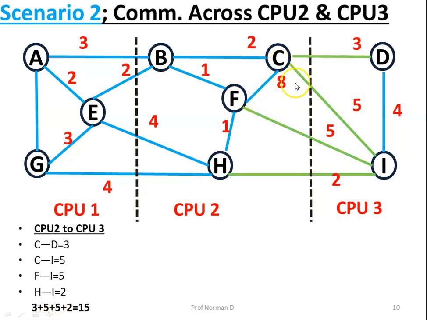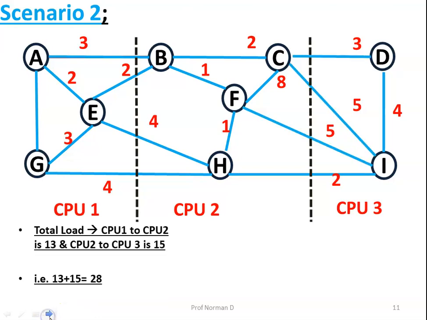So we'll have to consider the arcs C to D, C to I, F to I, and H to I. So the load is 3 plus 5 plus 5 plus 2, which gives us the value as 15. So now the total load in scenario 2 is 13 plus 15, 28. So in scenario 1 we got the load as 30, and in scenario 2 we are getting the load as 28.